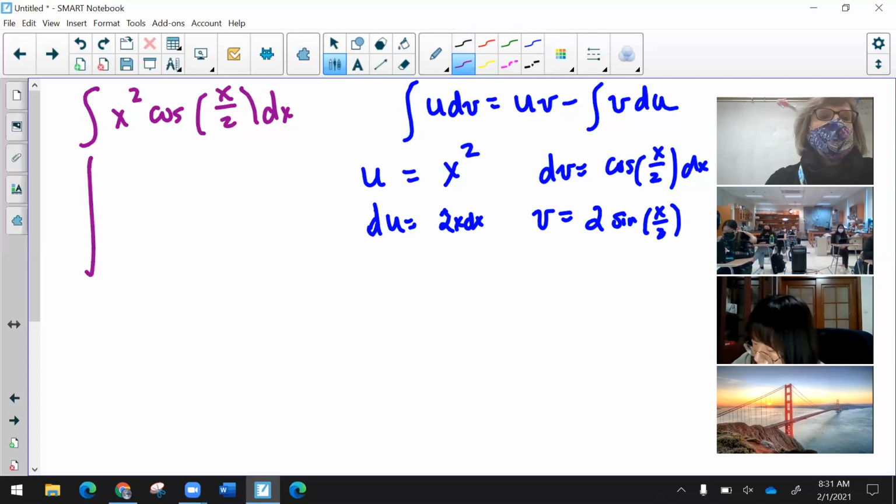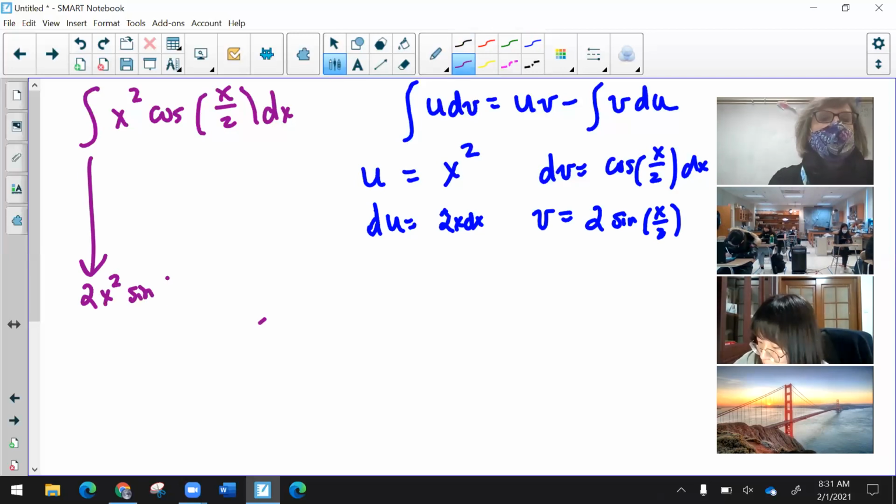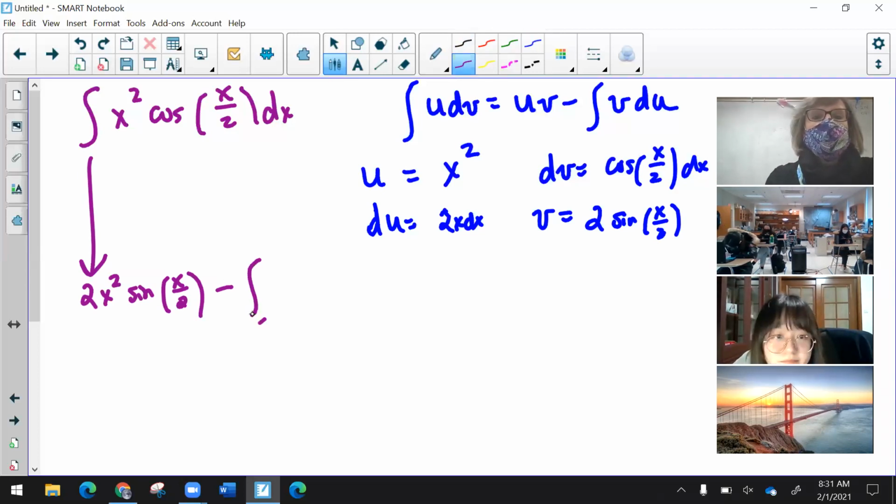Okay, so that means that our integral becomes u times v. So that's 2x squared sine x over 2 minus the integral of v du. Actually, hang on.